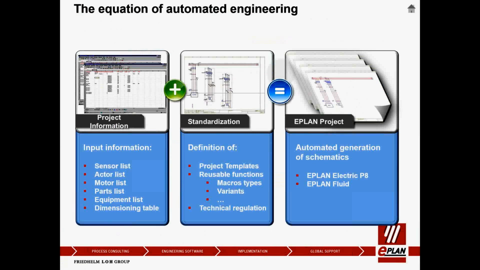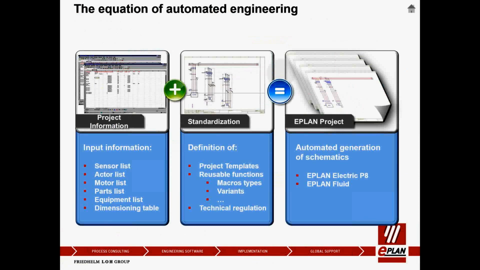So the first thing that we can do is, as you can notice, we have project information, which contains sensors, actuators, motors, parts lists, equipment lists, and dimensioning tables, you name it. And of course, we have the standardization environment, which would technically be our macros, what we've explained earlier. So it would be our project templates or reusable functions such as the macros and the different variants and the different associated data and so on.